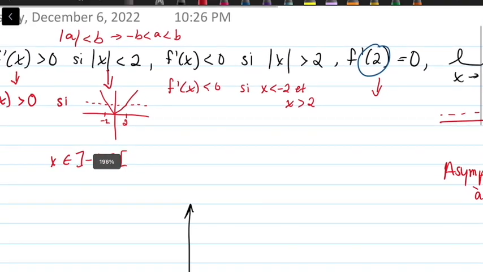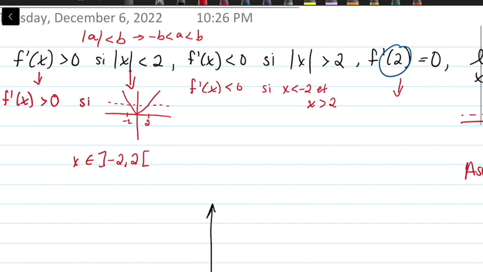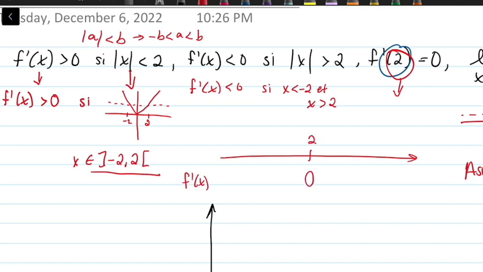Well, we're going to have to look around the point 2. This one includes x between moins 2 and 2, and you know that the point critique, or max min, is at 2. So if you do a droite numérique and say this is 2 here, and f prime is 0, then under 2, f' de x est plus grand que 0. So here it's positive.